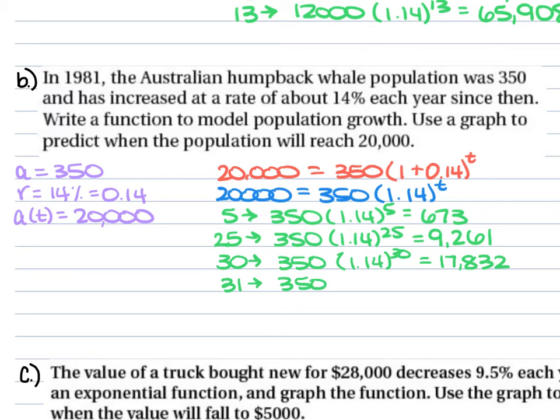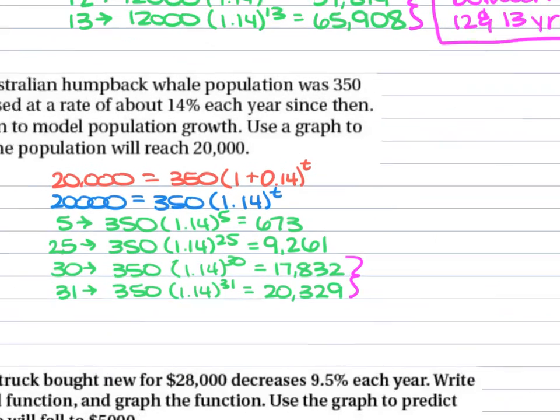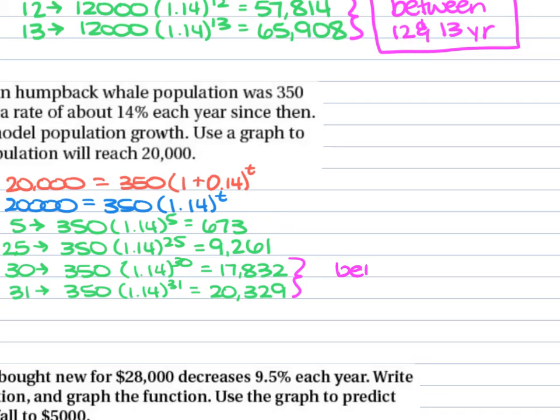So 350 times 1.14 to the 31st power gives me 20,329. So that is where that 20,000 lies between 30 and 31 years. That is what my answer is.